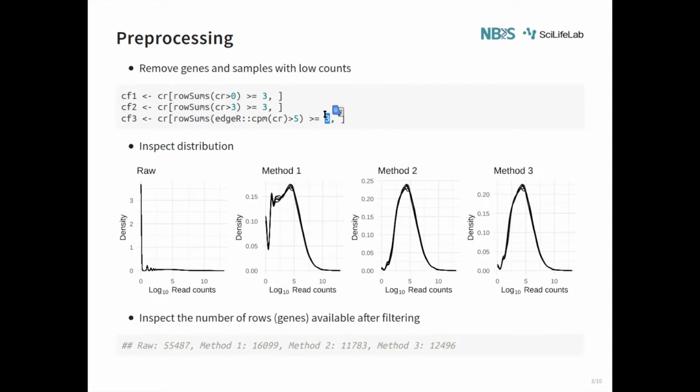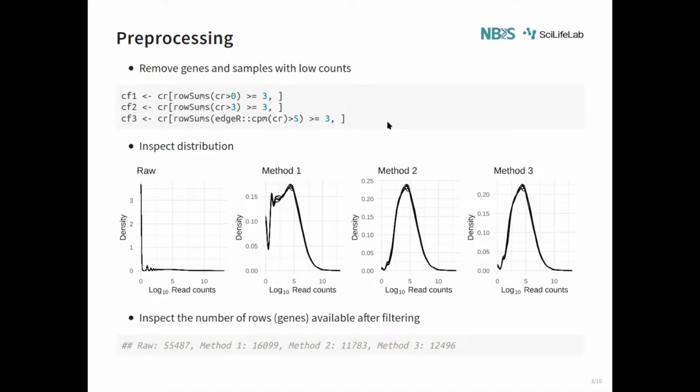So 3 is just to relax the stringency a bit, so we don't lose too many genes. It could go down a bit more, maybe 2, if you want to be a little more relaxed. But 3 seems to be a reasonable number because there are 2 groups and each group has 3 samples. So we are saying that these genes should be expressed in at least one group. That's what this means.